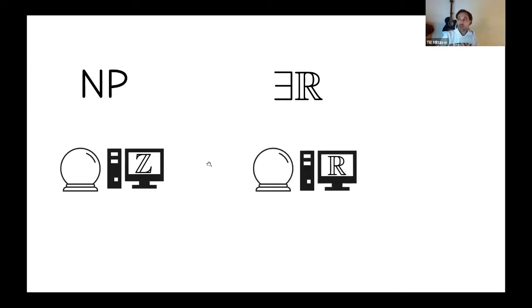Now we define ETR in exactly the same way. We look into this crystal ball and we get a solution, but now the solution can contain real numbers. Then we check that the solution is correct on the real RAM, which is like an extension of the word RAM, but you are allowed to manipulate real numbers. So it's really an analog to NP.